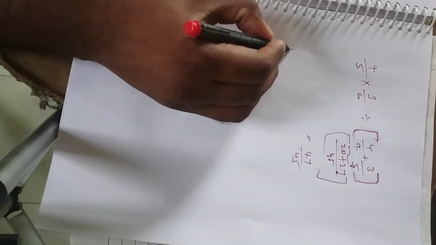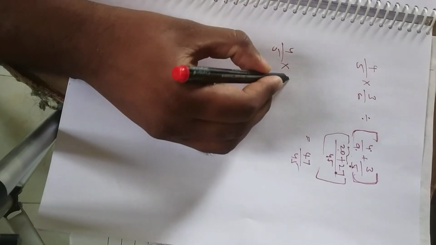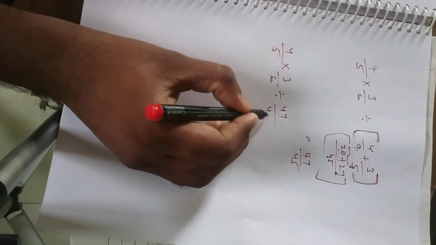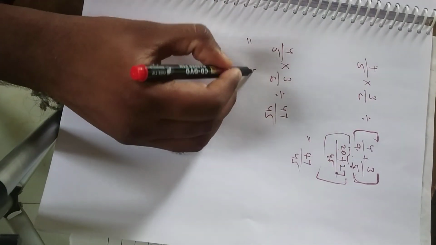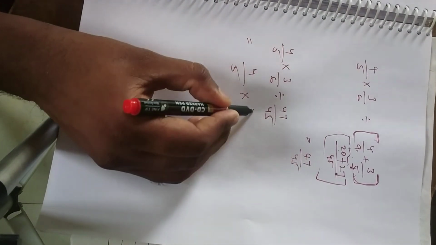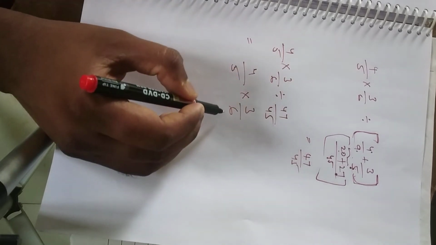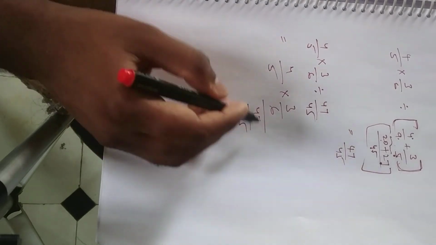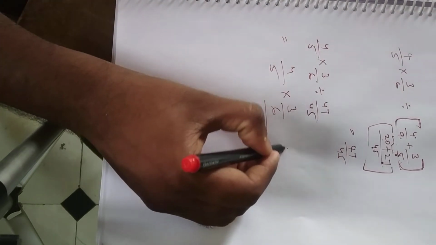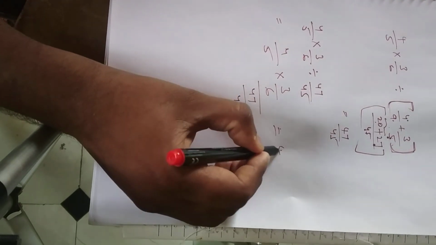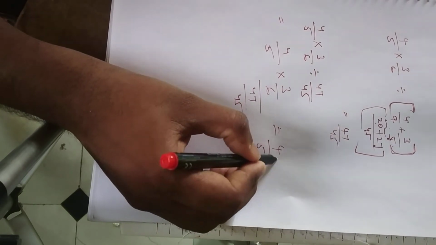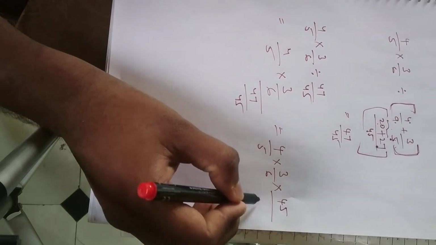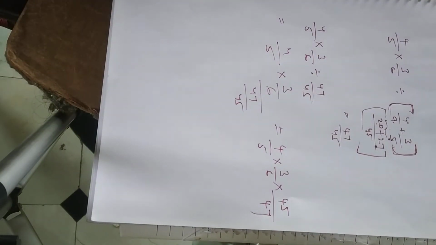Now 4 by 5 into 3 by 6 divided by 47 by 45 equals 4 by 5 into 3 by 6 into 45 by 47, right?